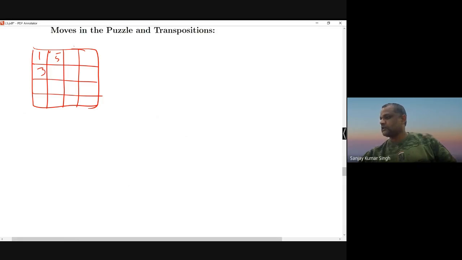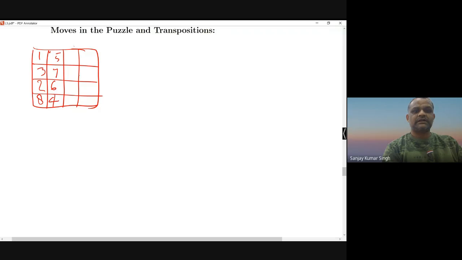Better to put numbers. So 2 I can put here, 3, 4 I can put here, 5, 7, 6, 8, 10, 9, 11, 12, 13, 14, and 15.